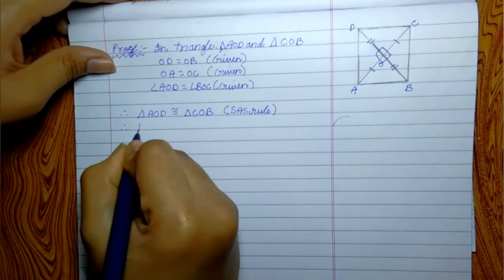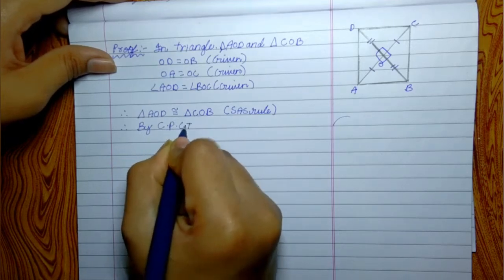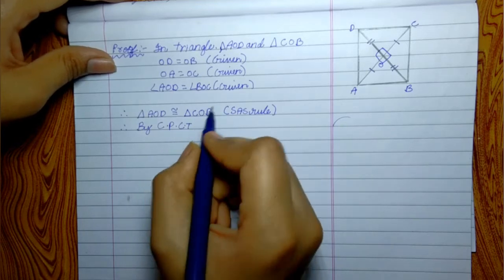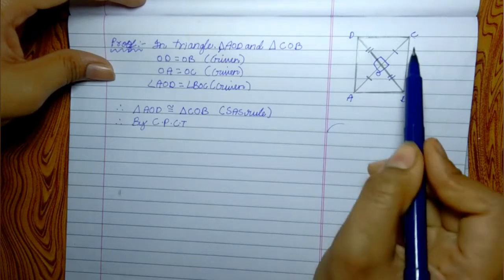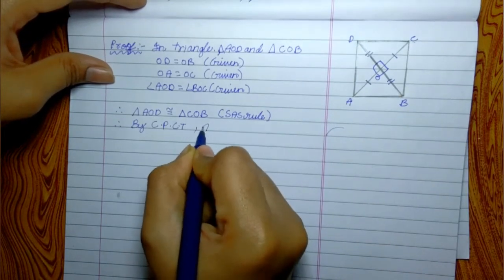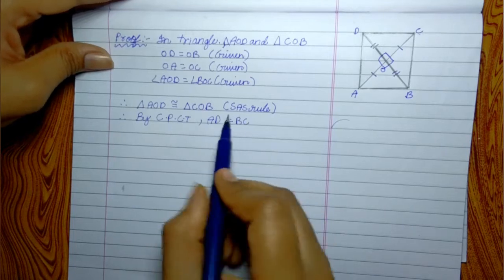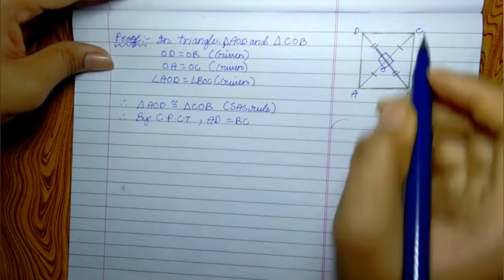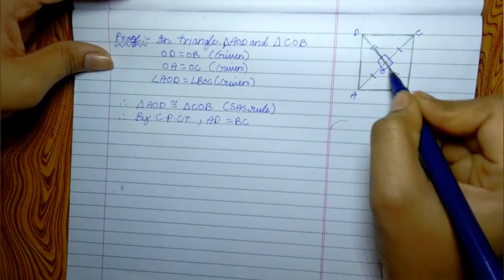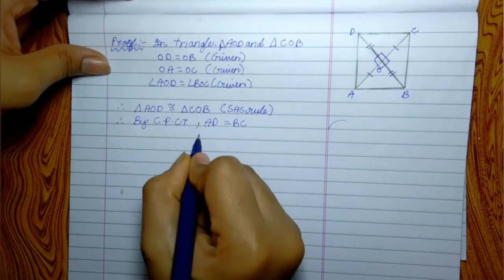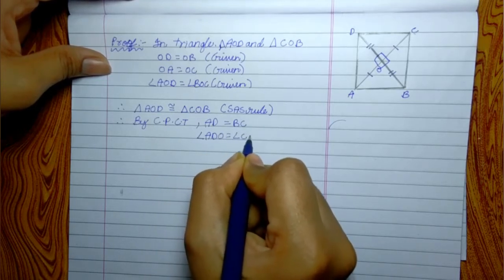Therefore, by the corresponding parts of congruent triangles, the CPCT rule, we can say that AD is equal to BC, and angle ADO is equal to angle CBO. And angle DAO is equal to angle BCO.